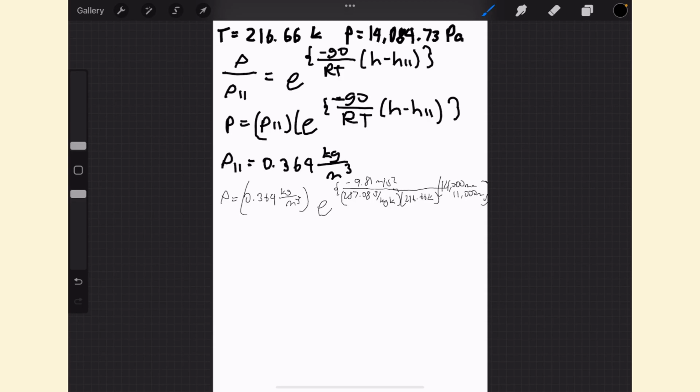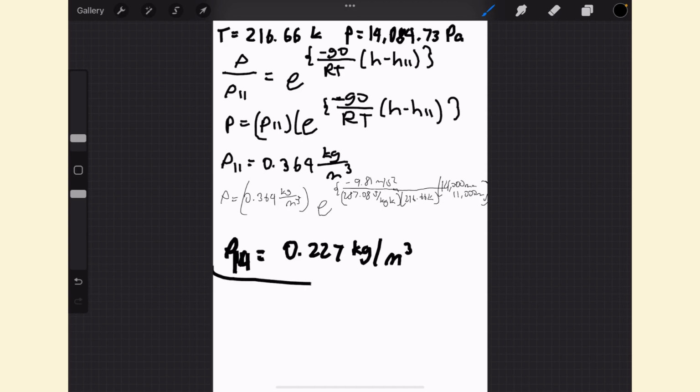Pag plinat lang natin siya sa ating calculator, ang ating magiging value ay for density na nasa 14 km ay 0.227 kilogram per meter cube.